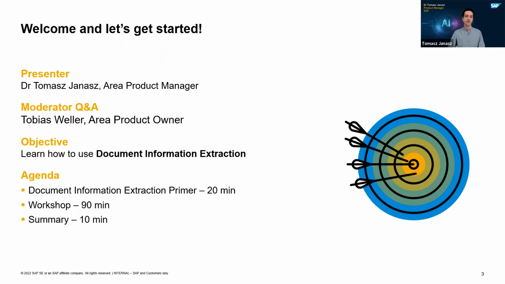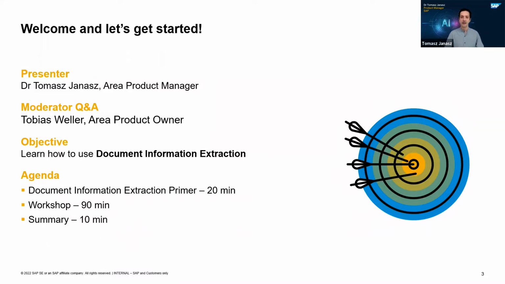With me is my colleague Tobias, who is the area product owner for the respective services and products related to business document processing. Today, I will be presenting and hosting the workshop. Tobias will be moderating a Q&A session, which is taking place in the chat.